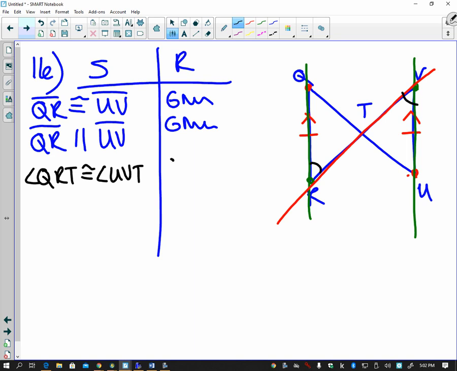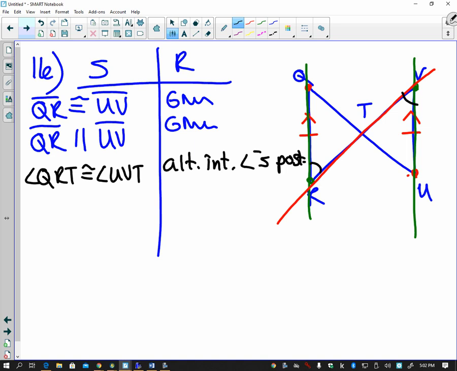And these are by the alternate interior angles postulate. The alternate interior angles postulate essentially says that if I have two parallel lines cut by a transversal, then the alternate interior angles are congruent. And that's kind of the full thing.